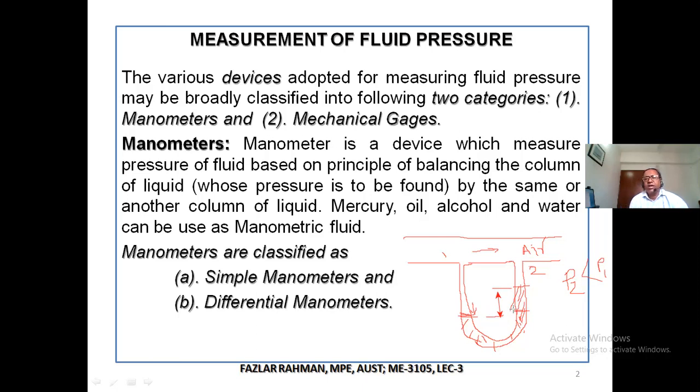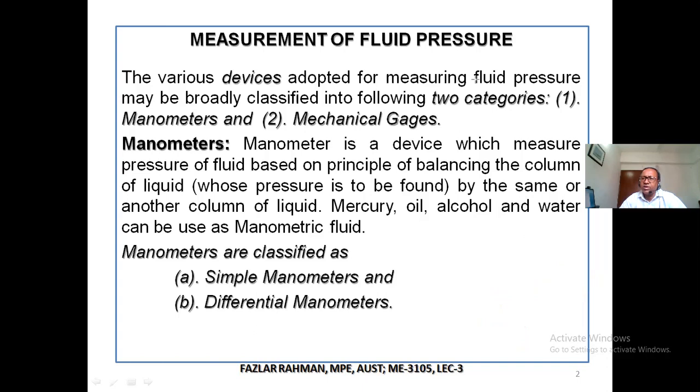Okay, and we'll show you some pictures of how you can measure the pressure with a manometer and what type of manometer we normally use. There are two types of manometer. Number one is called simple manometer, then the other one is called differential manometer. Okay.